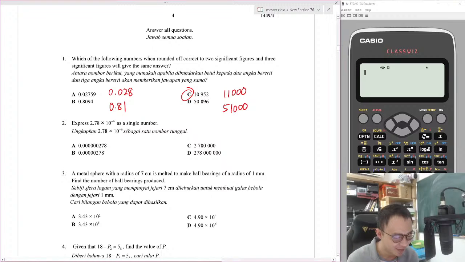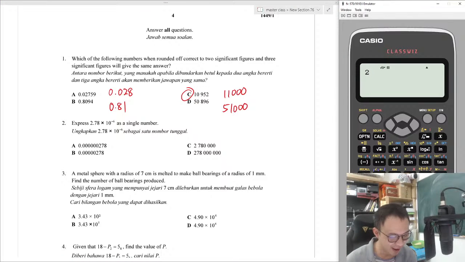So okay, into one single number, depending on if you want to use a calculator, also can. 2.78, normally I type this number and then straight away type -6. Alright, then I have this. If I want to change it into a number, like this is power negative, I can do shift ENG until it gets power 0. Do you see how I do it? Basically, I just key in the question, and if this is power negative, I do shift ENG until I get the 0.